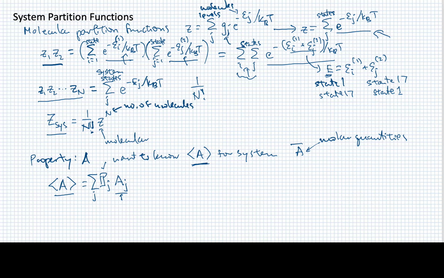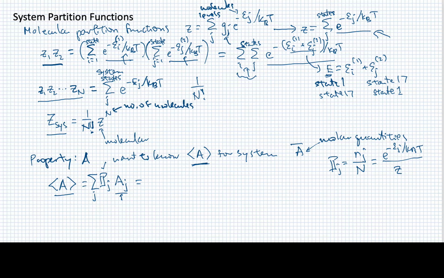But these probabilities are something that we get from the partition functions. So now if I use my expression for probability, and let me write it over here, the probability of something is just going to be the number of molecules that are in state j divided by the total number. But this is also equal to e to the minus epsilon j over kBT divided by the partition function.